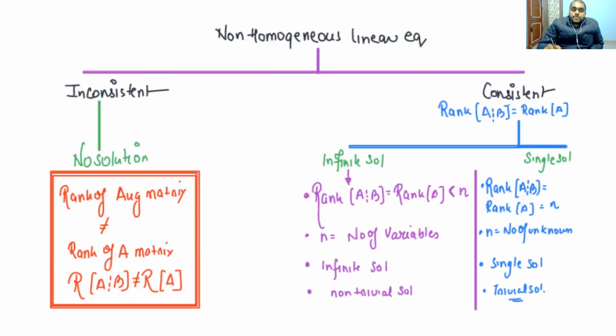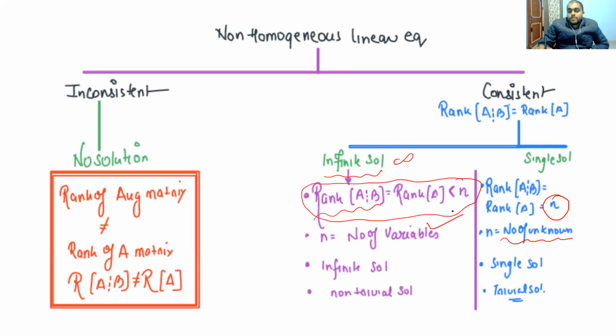For no solution, the rank of the augmented matrix is not equal to the rank of A. For a single solution, the rank of the augmented matrix is equal to the rank of A and is equal to n, the number of unknown variables. For infinite solutions, the rank of the augmented matrix is equal to the rank of A, which is less than n, the number of variables.